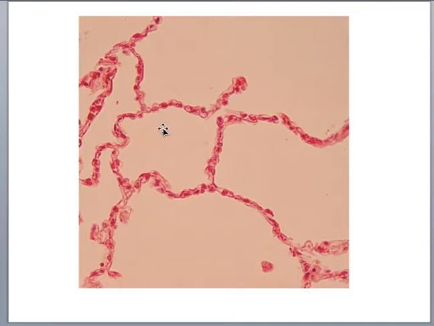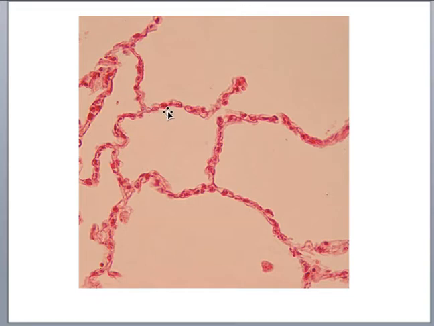This is actually from the lung, and I know that because you see all these air spaces, right? This is where air would fill up when you inhale, okay? So these are the alveoli of the lungs, big air spaces. Now, you don't have to be able to identify lung on a microscope slide yet, but you do have to be able to look at this slide and notice that if I have an arrow pointing here, it's a single layer of flattened cells.